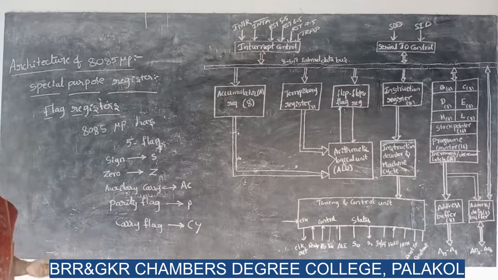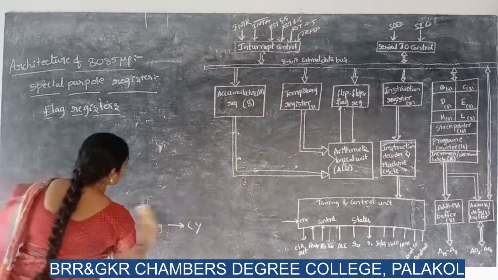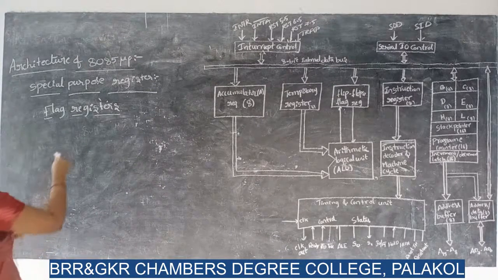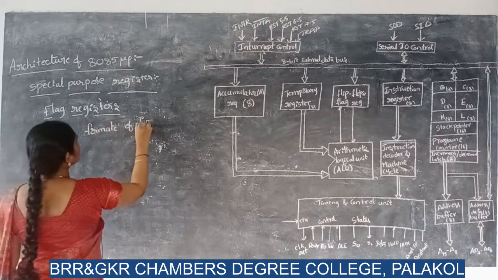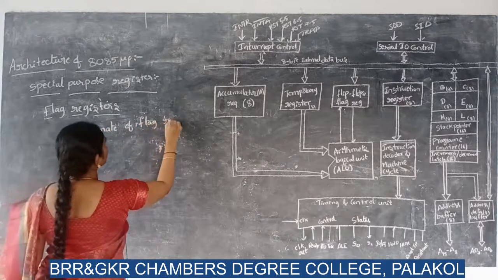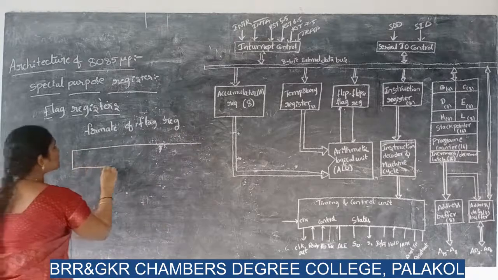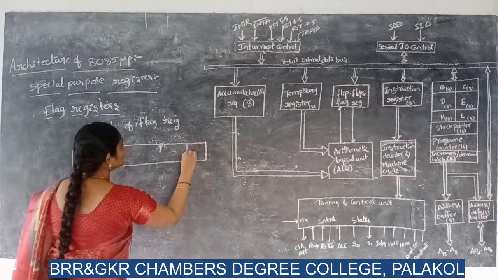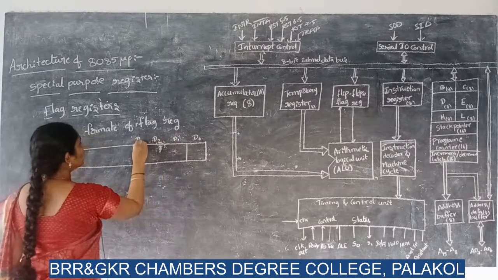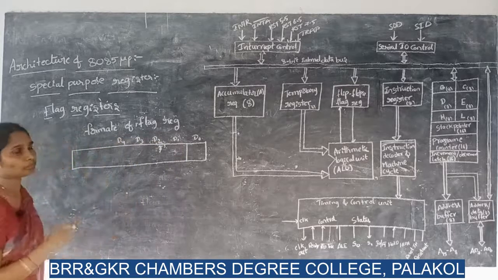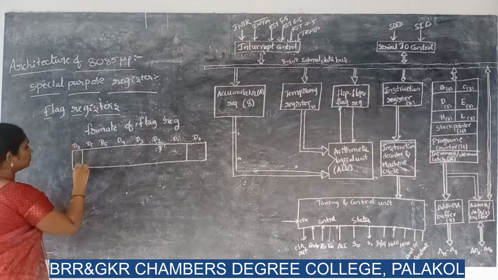Now we will see the format of the flag register. The flag register is an 8-bit register: D0, D1, D2, D3, D4, D5, D6 and D7.